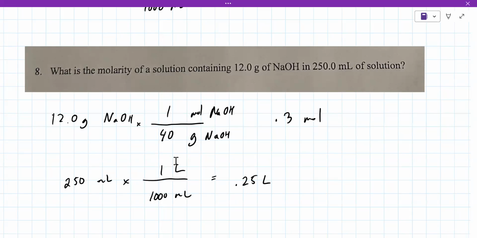Okay. Then you divide 0.3 by 0.25. Should be around 1. Yeah, 1.2. Very good.